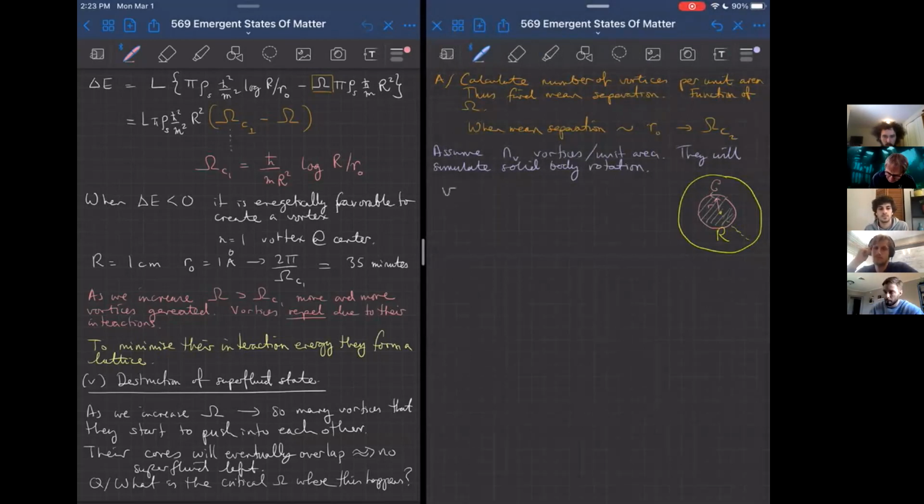I'm going to say that the average velocity at some radius r is just going to be 1 over 2 pi r times the line integral around my curve C of dr dotted with v of r. So that's how I can define my average velocity.